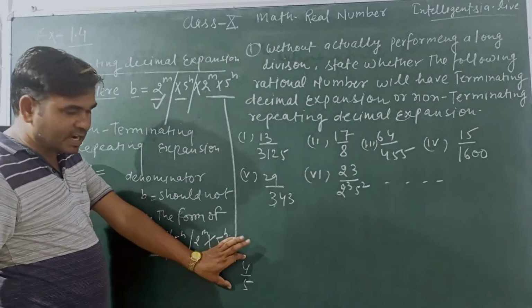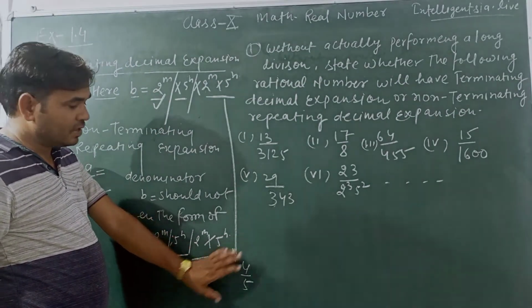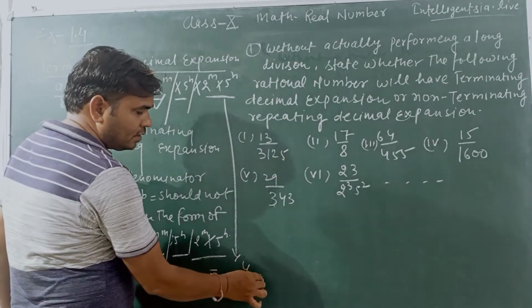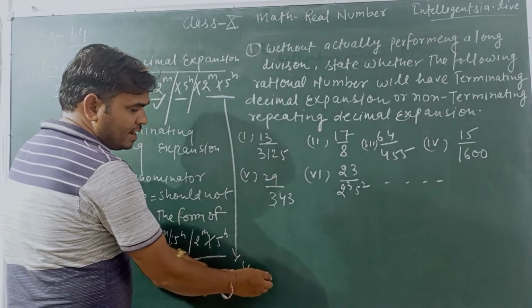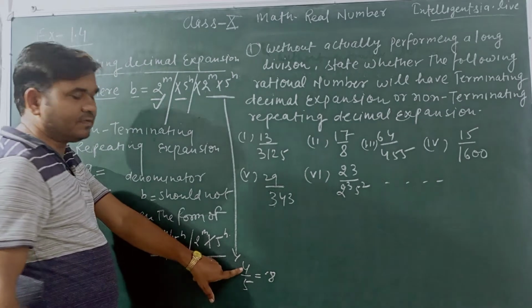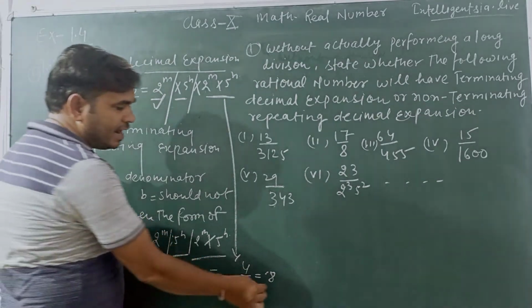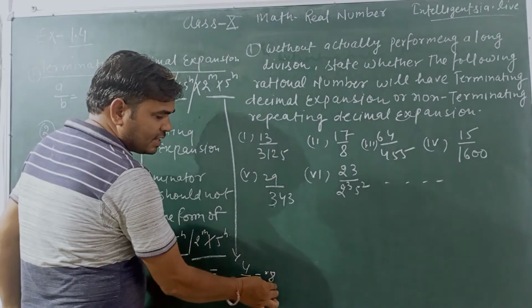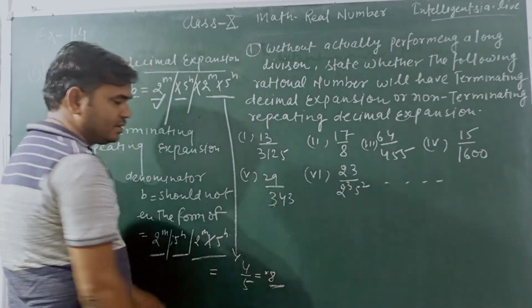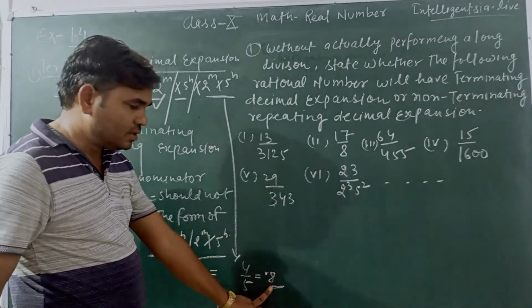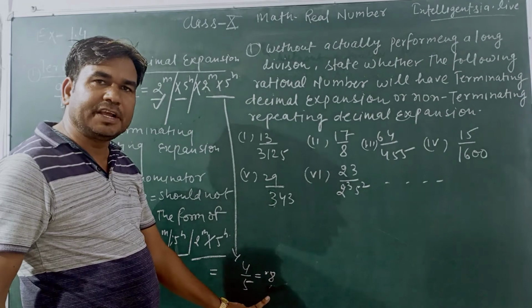Here this is the rational form. So you see the decimal: 8 times 5 is 40, and the numbers after the decimal have ended here. So this is called terminating.